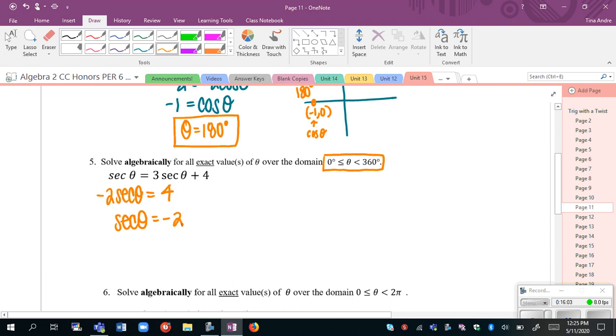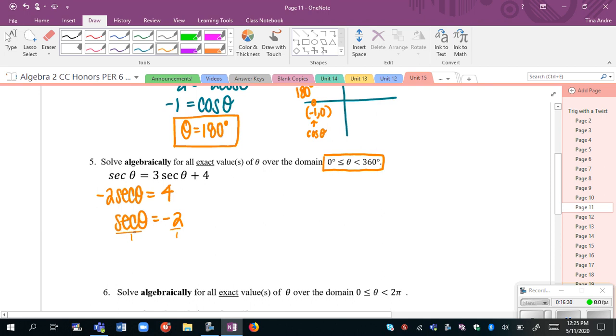What I like to do for the reciprocals here is I like to tie them back into its reciprocal. So instead of saying secant, that's actually the same thing as 1 over cosine. So for me, I think it's easier just to kind of flip this, saying secant over 1 equals -2 over 1 and thinking of this as the hypotenuse over the adjacent.